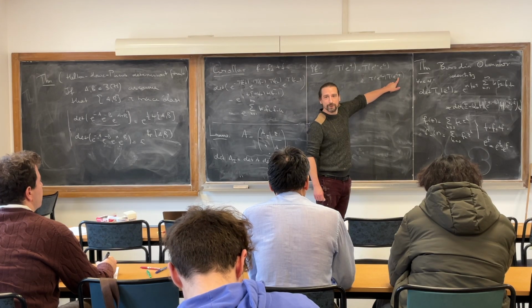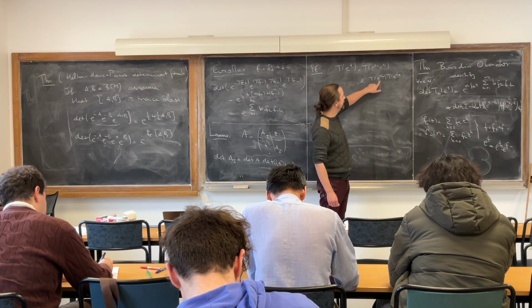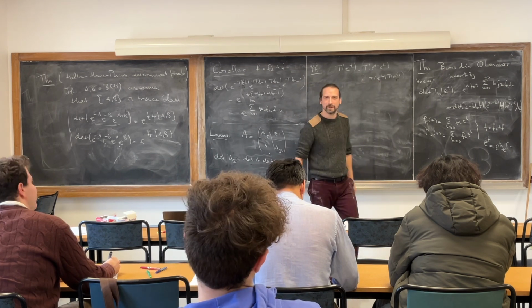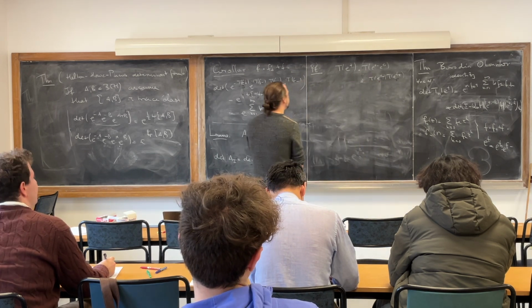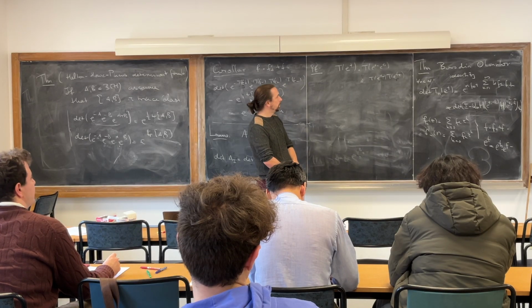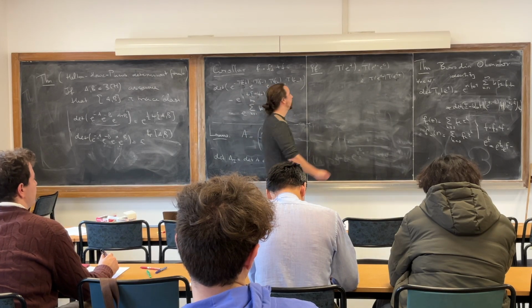There's only positive Fourier coefficients, so this one here is only negative Fourier coefficients, so the Hankel matrix for this guy is 0. This is an obvious thing. So this is the first claim.